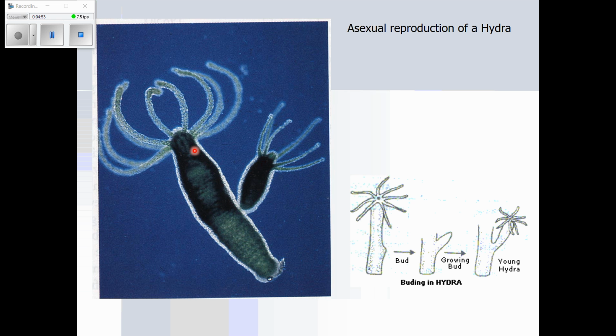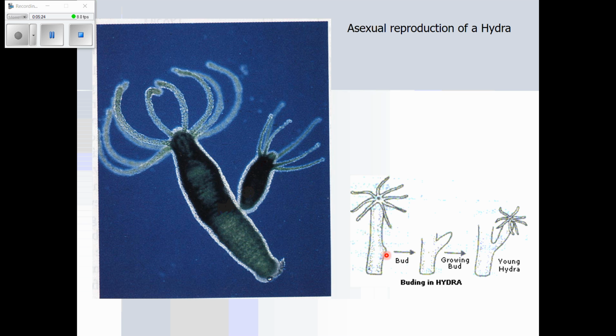Hydras are animals in the same taxonomic category as jellyfish and sea anemones. You can see that there are tentacles growing out of the mouth area of the hydra. And what you see right here is a baby hydra, a clone, a genetically identical offspring that is growing out of the side of the parent.